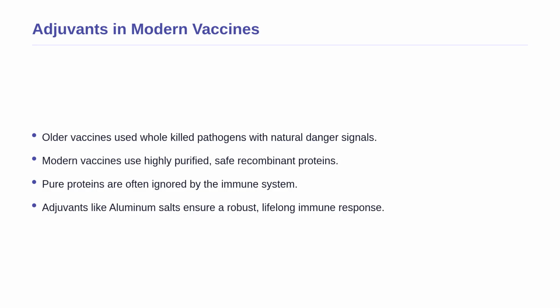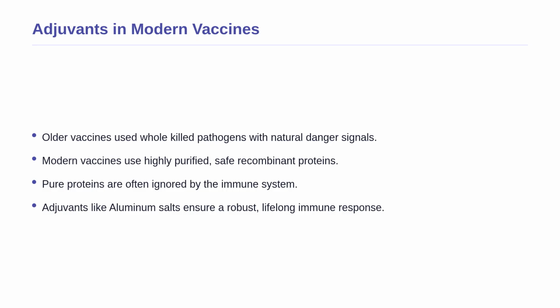In the past, vaccines were made from whole, killed, or weakened pathogens. These naturally contained their own danger signals to wake up the immune system. Today, to make vaccines much safer and reduce side effects, we use highly purified pieces of the pathogen, like a single recombinant protein.